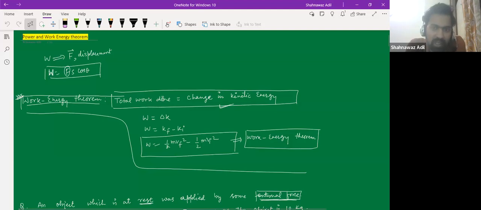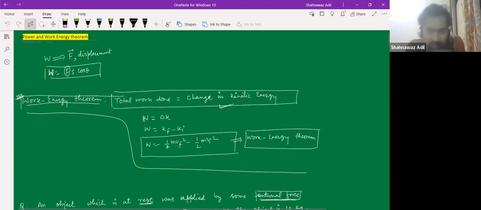So total work done is the change in kinetic energy. This work done can be friction, it can be dissipative, it can be any kind of force. It is not necessary that the work done is by a conservative force.